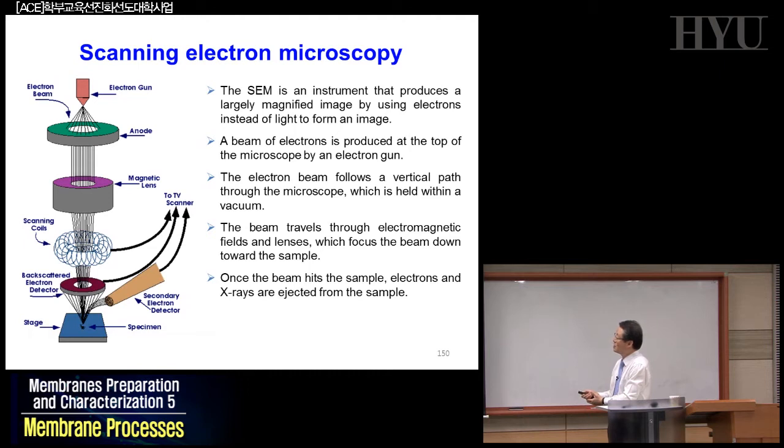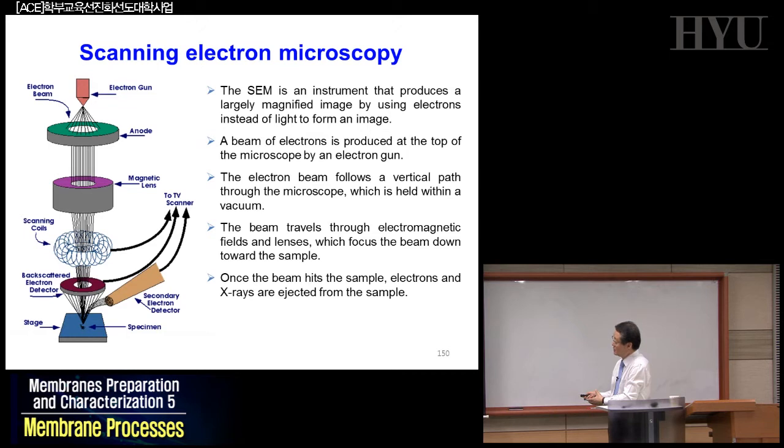So the electron beam passes through a magnetic field and is focused onto your specimens, and your image is coming after bombardment of electrons to the surface of your samples, and then you collect the electrons coming from your surface, and the secondary image will be detected through this detector, and you see it from the screen. So electrons travel instead of light, and that's the principle behind this electron microscope.